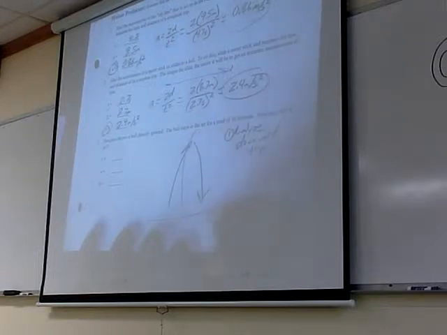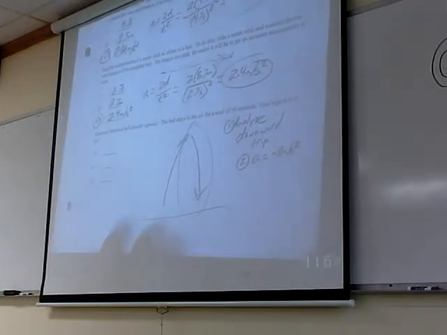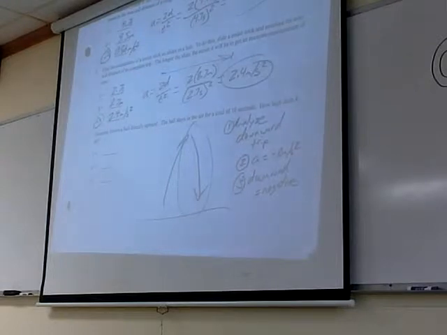Just focus on what's happening when it's falling, and you'll be okay. Second, acceleration the whole time when something is in the air is always negative 10 meters per second squared. And the third tricky thing to remember is downward equals negative.